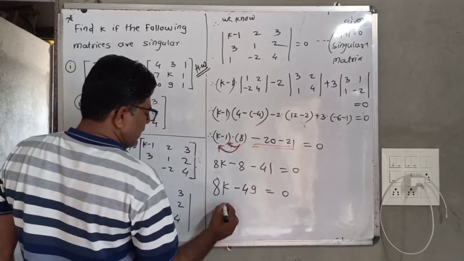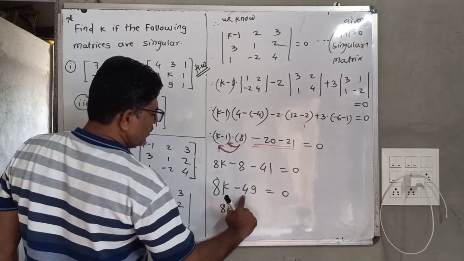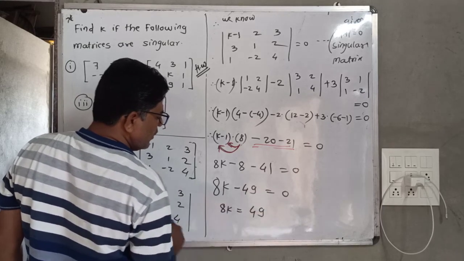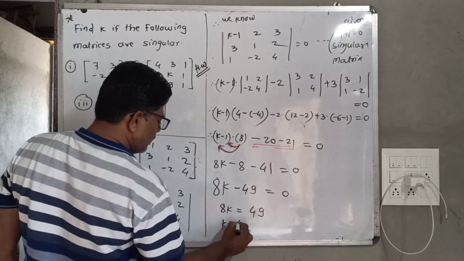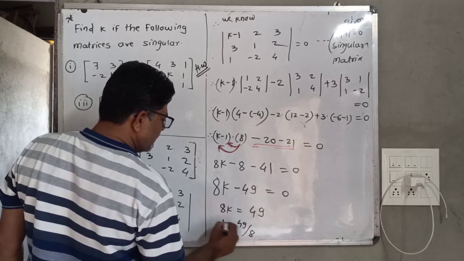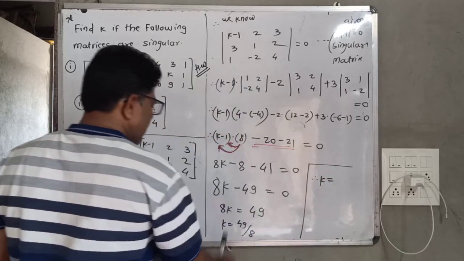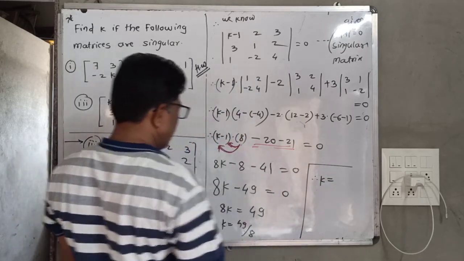Okay, 8k, this 49 will shift here and become positive. K equal to 49 upon 8. Therefore k equals 49 upon 8.